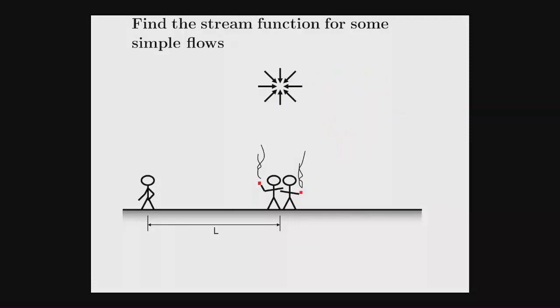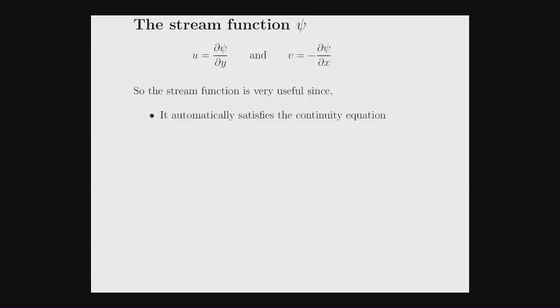Okay, so what we can do then is we can model our exhaust as a sink. Okay, very good. And the smokers as a source. Okay. Yep. So this stream function psi, which we have introduced, it's quite useful actually because it automatically satisfies continuity.